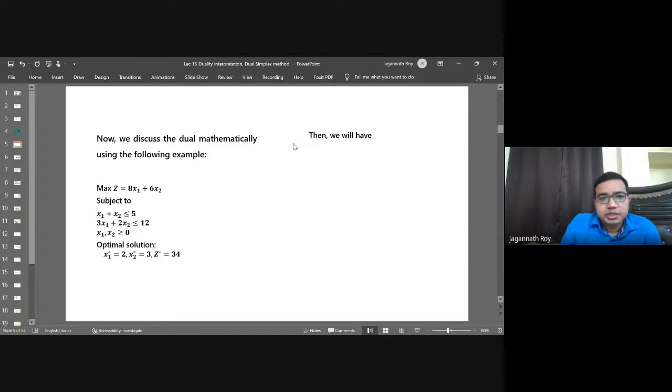So for the first constraint, we are adding delta: x1 plus x2 equals 5 plus delta. Then we have 3x1 plus 2x2 equals 12.